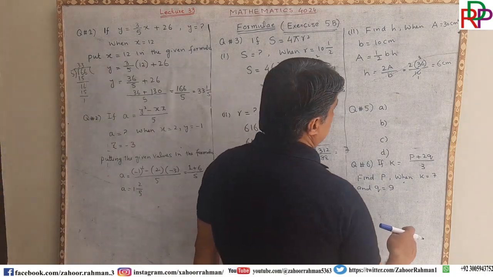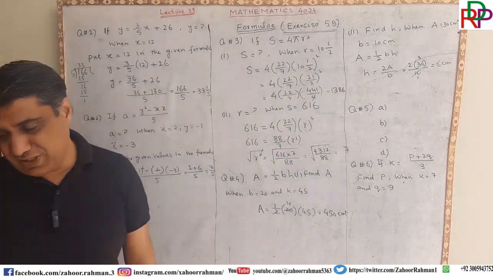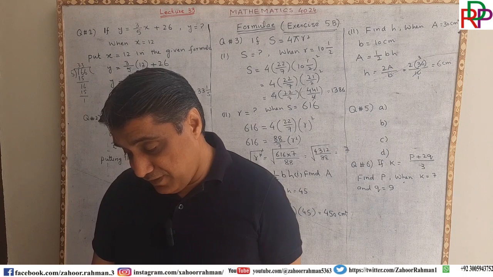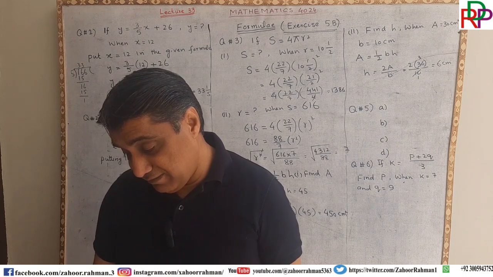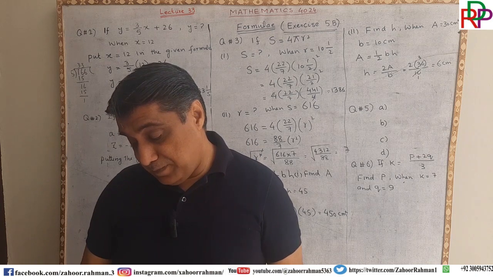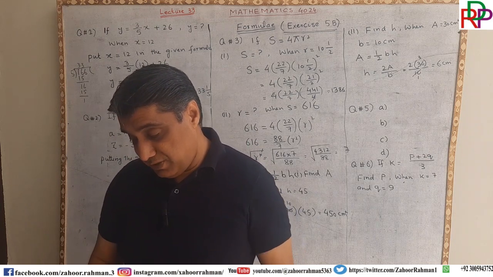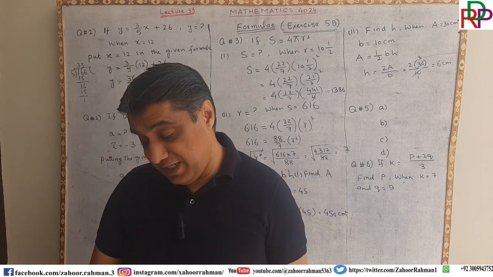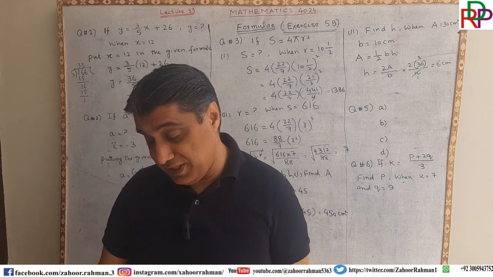Remember these words. Okay, question number 5 is saying find a formula for each of the following. Listen carefully. This is given on page number 121. And they are saying in part A, we have to write the formula. Listen carefully.